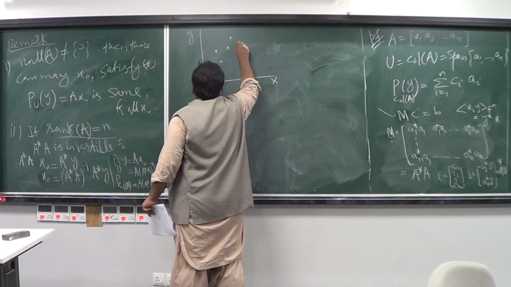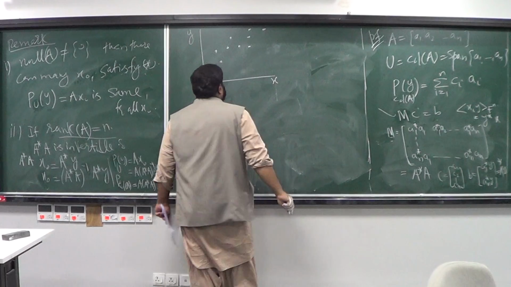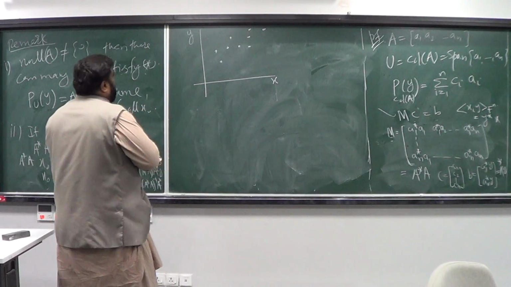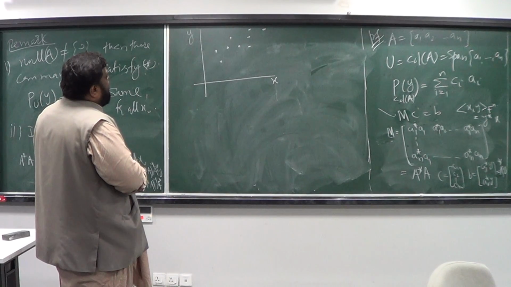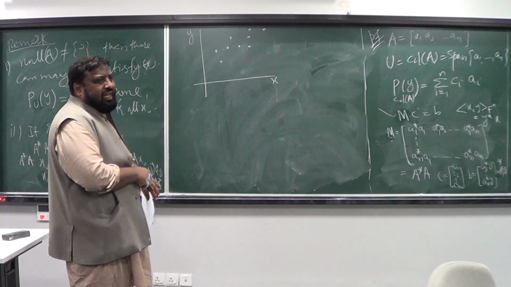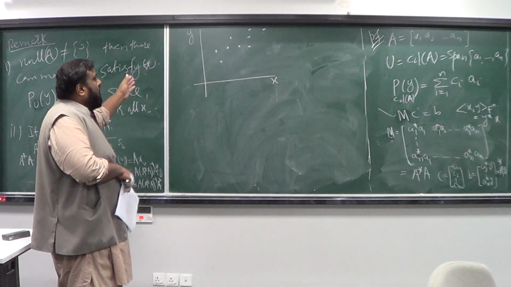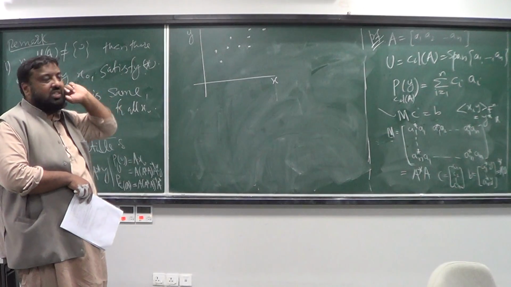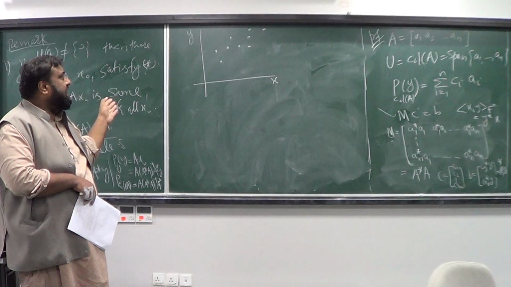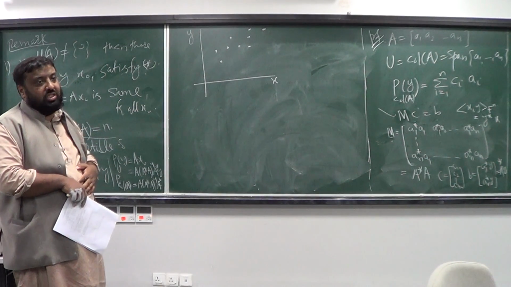Now the question is, can you find, for example, two equations that pass through all of these points? The answer is no. You can't find such a set of equations that pass through all these points.